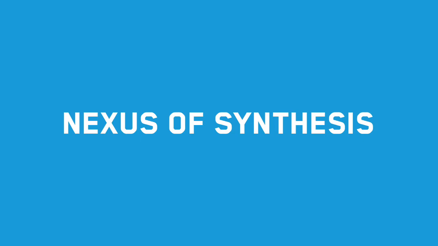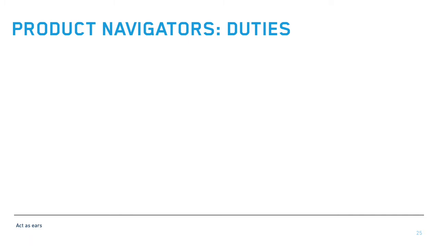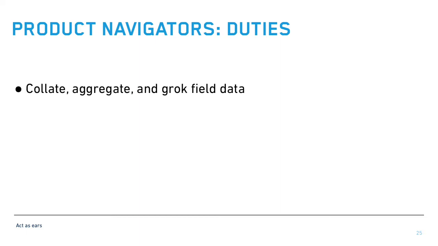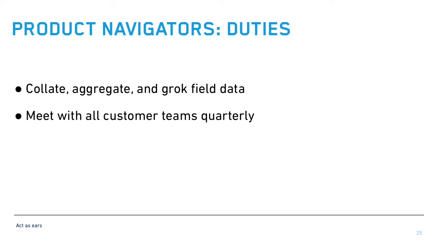So they do a number of different things. I like to split it up into sort of duties, the things that they do regularly, and then responsibilities, the things that they're supposed to sort of synthesize out of thin air, right? So their duties are to collate, aggregate, and grok this field data, right? Put it together into some sort of understandable form. What is this data teaching us? How do we turn it into the information, wisdom, and knowledge that we need to make decisions around it, right?